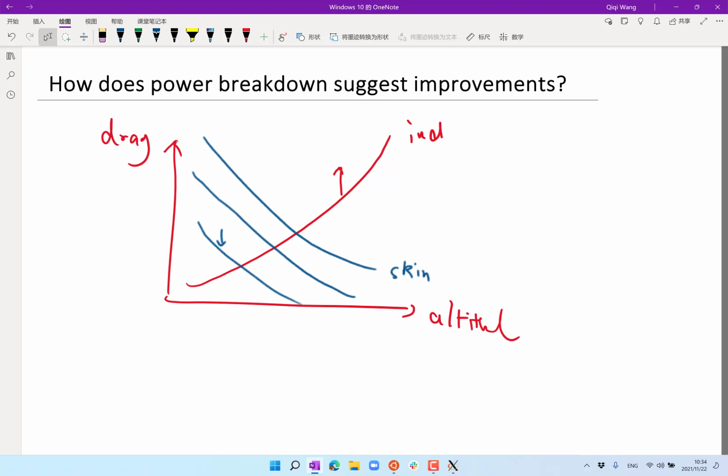At some point, the decrease in induced drag from increasing your span is going to slow down more and more, because the further you increase your span, the more weight you're going to be putting onto the airplane. A higher span wing weighs more. So on one hand you're decreasing the induced drag by increasing b, but at the same time you are increasing the weight of the airplane, increasing W. So at some point the additional gain you get by increasing span gets diminished more and more.